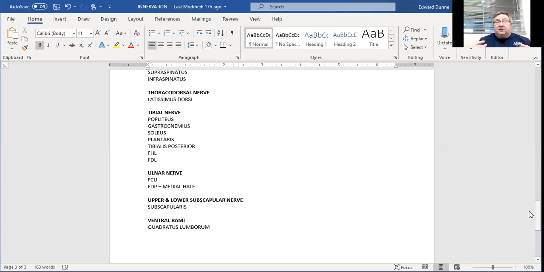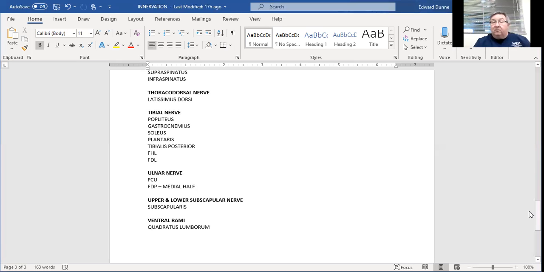Remember, latissimus dorsi is coming from the sacrum, from the lower four ribs, from the lumbar vertebrae, and from the inferior angle of the scapula. Then it kind of spins around and attaches into the bicipital groove of the humerus.